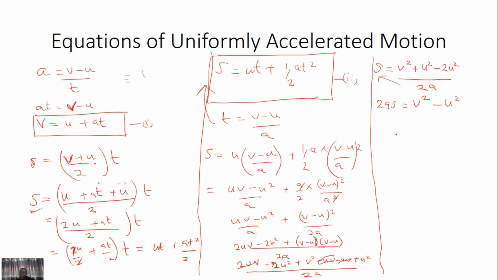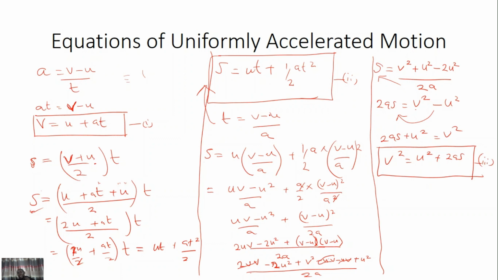Good. Now, if we make v squared the subject of the formula, it becomes 2as plus u squared = v squared. So v squared = u squared + 2as. This is the third equation of motion.